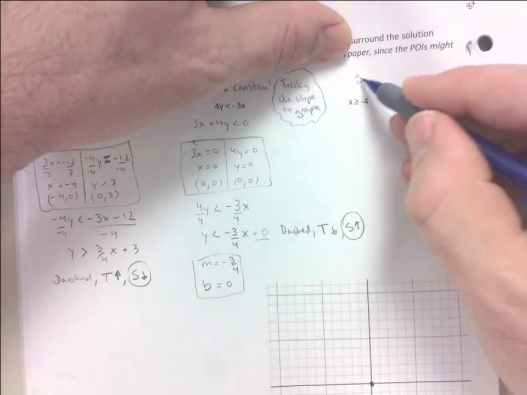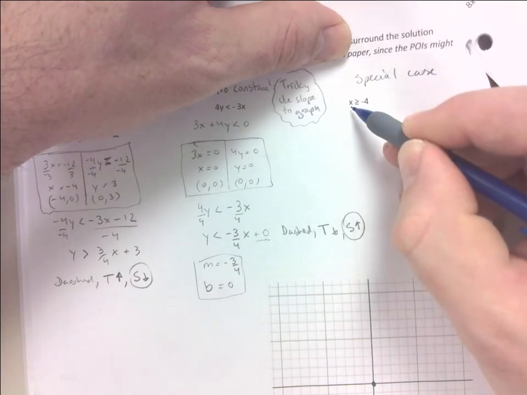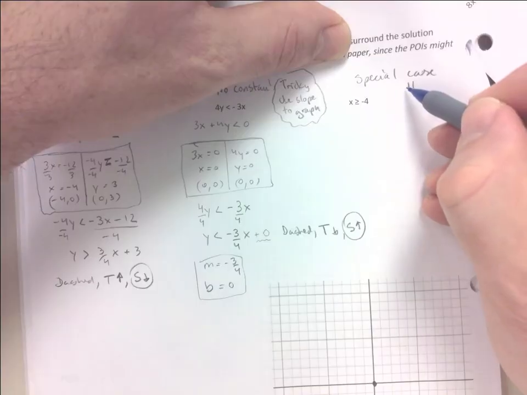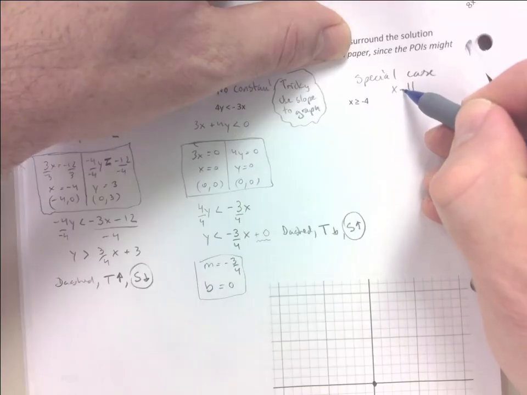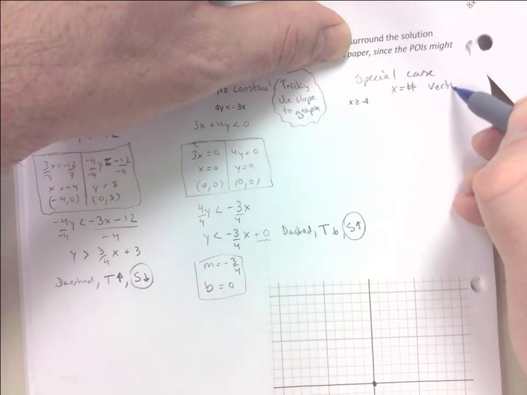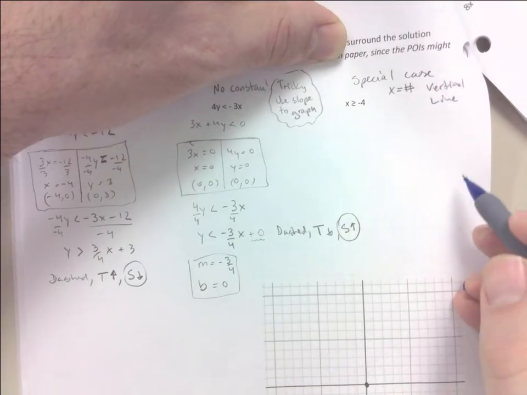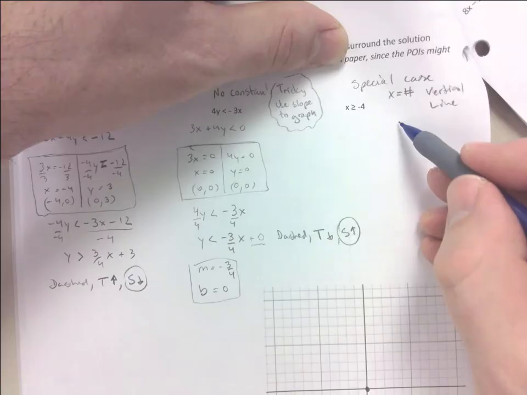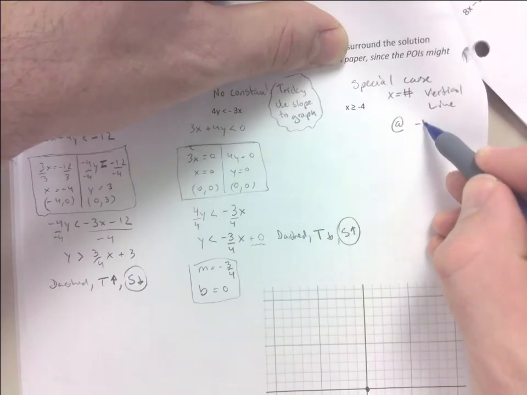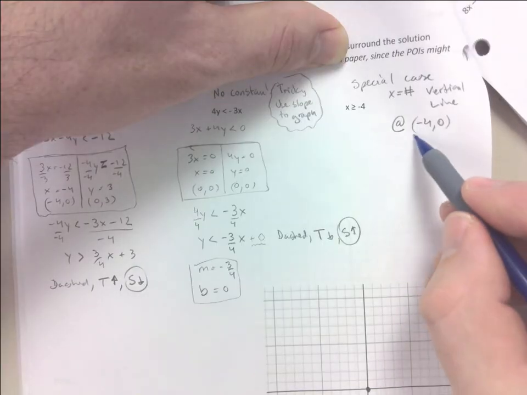Here's my special case. This is also a special case. If there's only x and a number, it's going to be vertical. So at negative 4, 0. Okay, that's where this is going through.